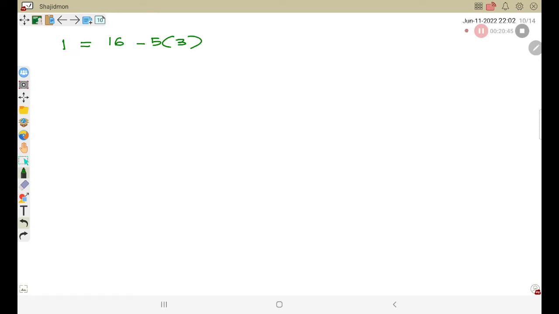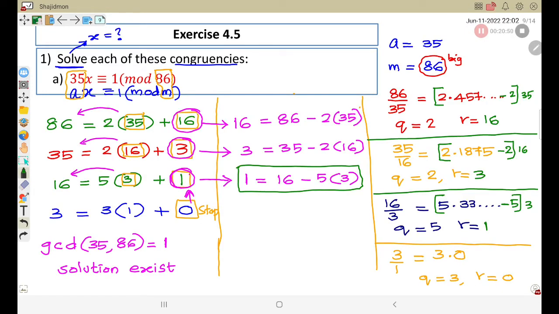Now what number we need to change next? Number 3. See, number 3 just substitute as 35 minus 2 multiply 16, this one.